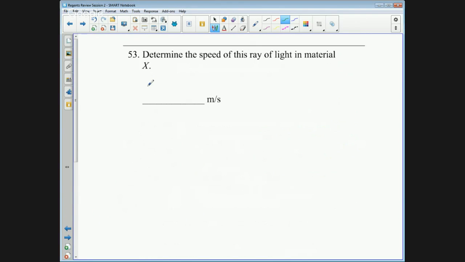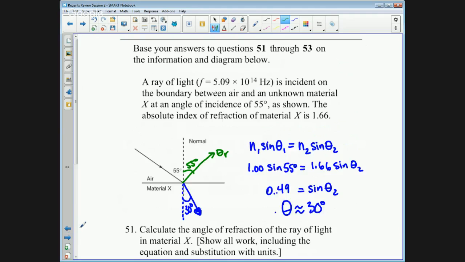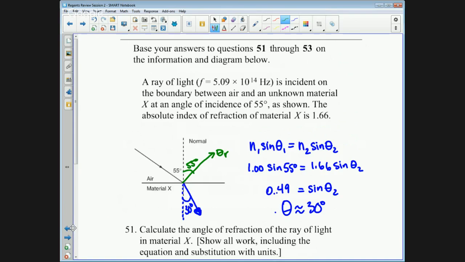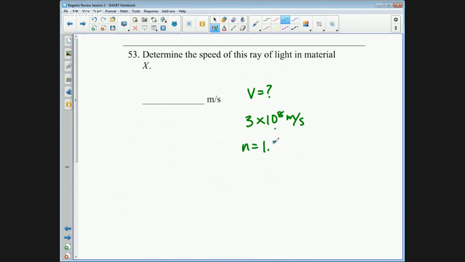So it says determine the speed of this light ray in the material X. So we need to figure out the speed. Well, it's coming in from air, so the speed is 3 times 10 to the 8 meters per second. Our index of refraction was 1.66.